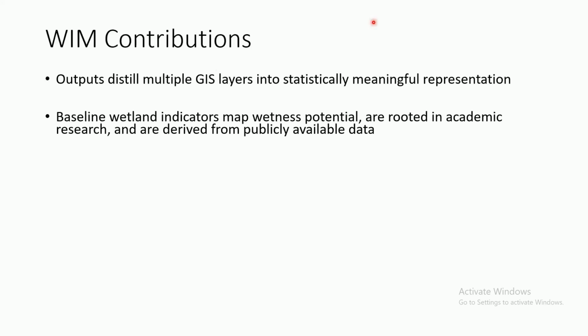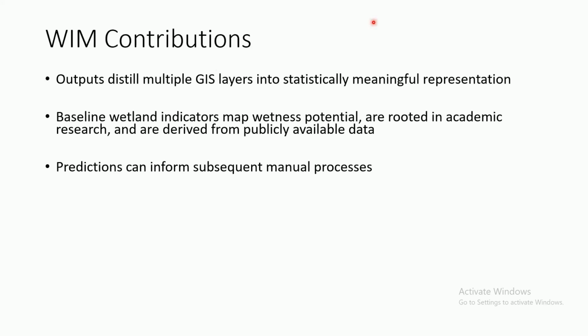Using just the baseline wetland indicators, those hydrologic indicators, that's really a way to map wetness potential. Those specific indicators and the smoothing that we use, those are rooted in academic research, and they're derived from publicly available data from those high resolution DEMs. So low barrier of entry there, and a good starting point.